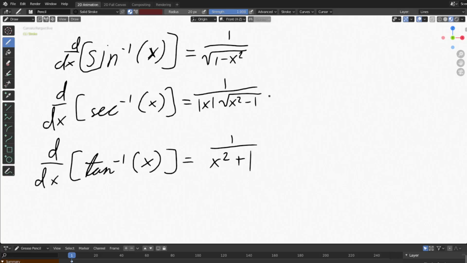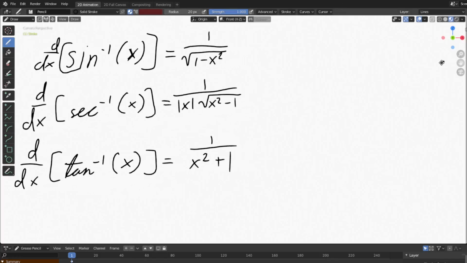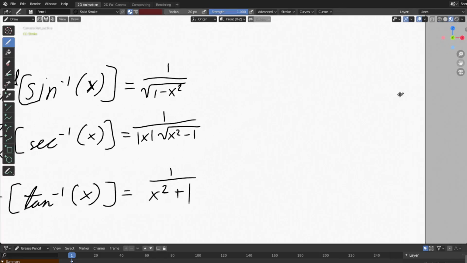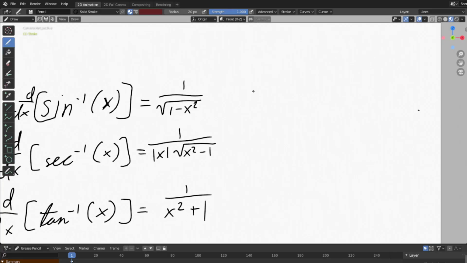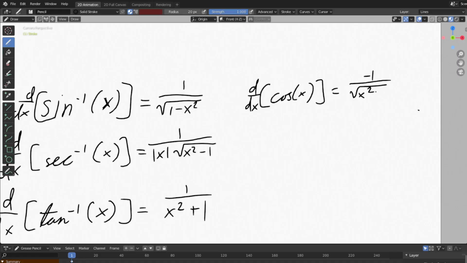And you might ask, okay, well, this is sine, secant, and tangent. What about cosine, cosecant, cotangent? Well, those are actually pretty simple. The derivative of arccosine of x equals negative 1 over the square root of 1 minus x squared.